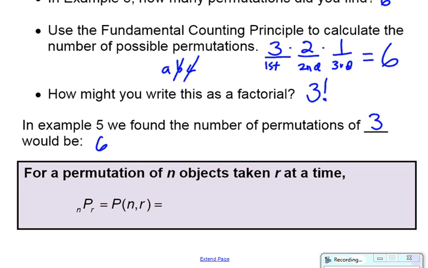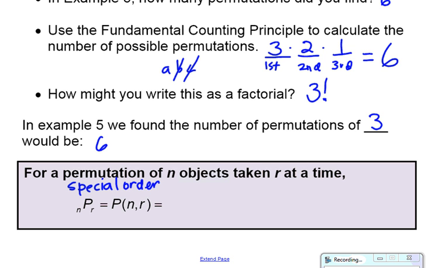For a permutation of n objects taken r at a time, there's actually a formula for it, but you'll see it written this way. Permutation always indicates that we want it in a special order, so order matters.